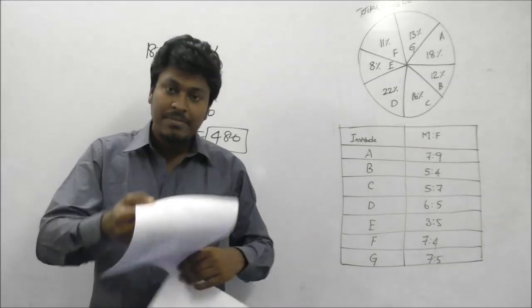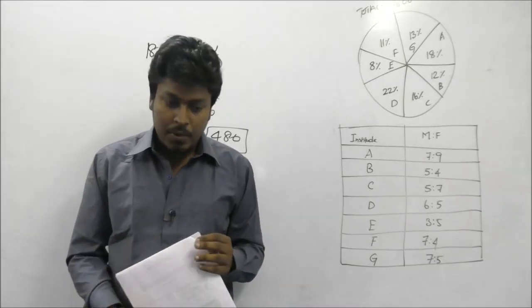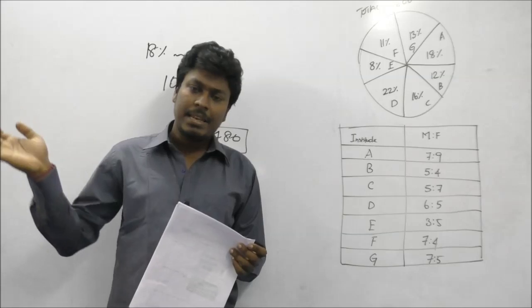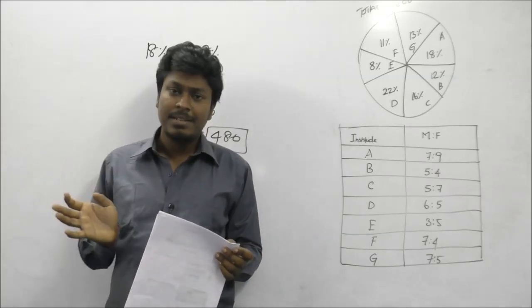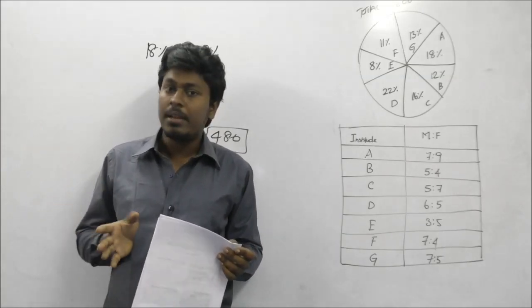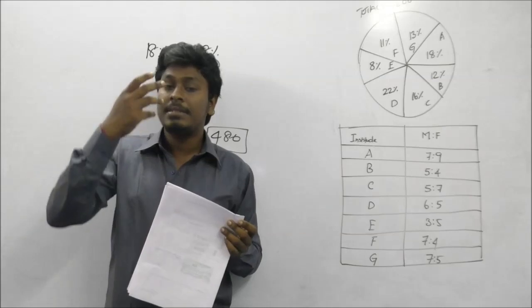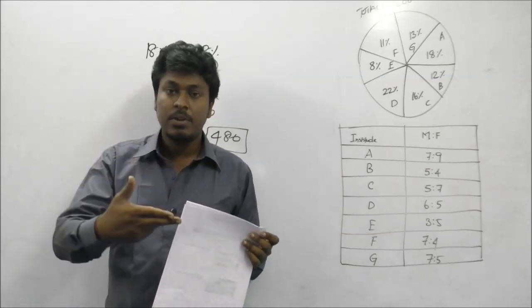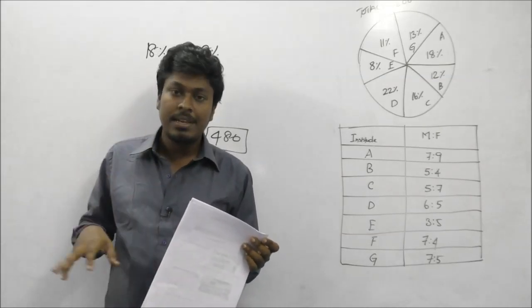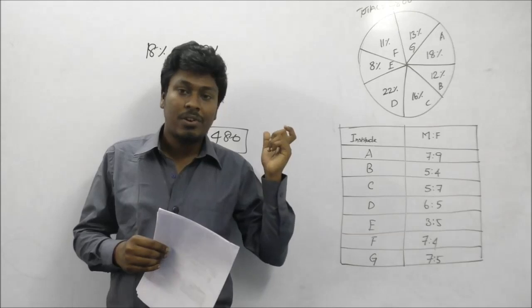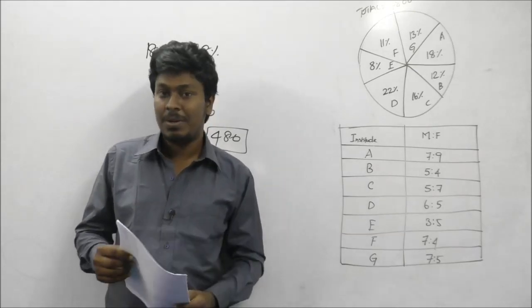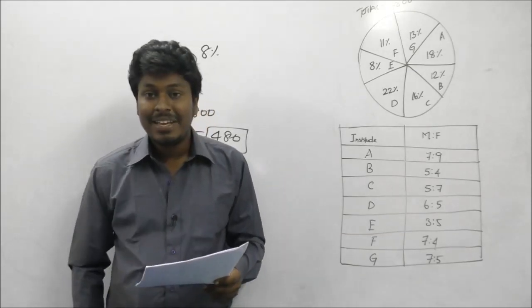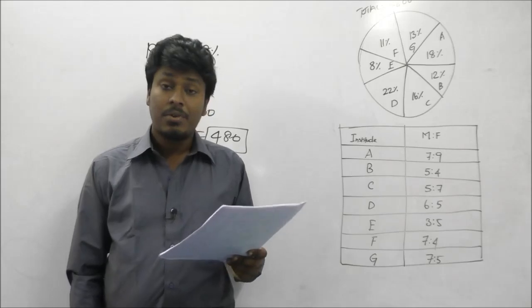Follow the normal procedure for more than 20 sums. Though it takes 10 or 15 minutes to solve a single DI set, don't worry about that. But have an idea of how the sums go and what procedures we follow. If you know the procedure in the right way, then we can go for all the shortcuts which I have used now. Okay friends, we can go for the remaining questions in aptitude.